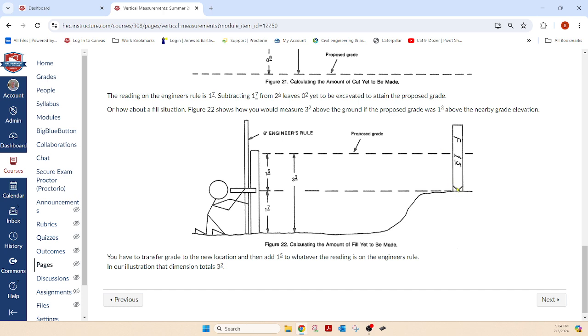I need to be 1 5/10 up from here, plus I need to be 1 7/10 up from here. So I need to be 3 2/10 up from this right here. So what am I going to put on that fill to put me up to here?